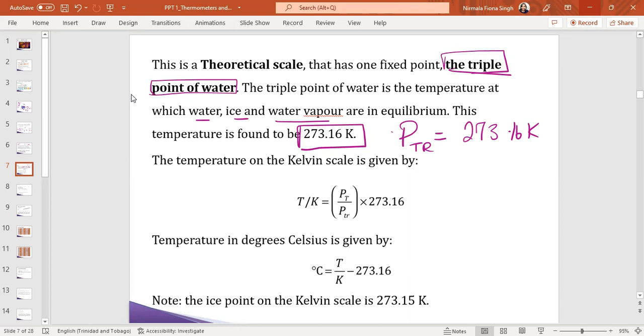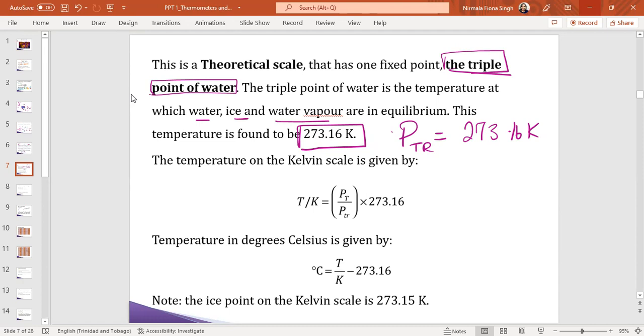Above and below this, we only have two states that exist at the same time. If we go below 273, we're just going to have ice and water vapor. If we go above 273, we're just going to have liquid water and water vapor.